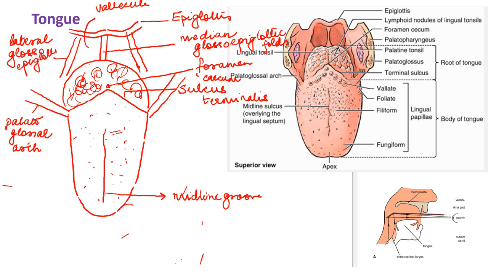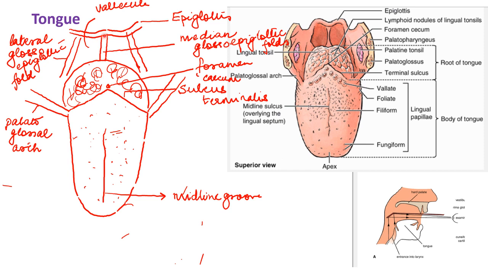In between the median and the lateral glosso-epiglottic fold is present the vallecula, a depression. Now, what you have to understand, although I am calling this the glosso-epiglottic fold, one part of it is obviously attached to the epiglottis, but laterally it is not attached to the tongue. It is attached to the pharynx. So it's a misnomer. It should have been a pharyngeal-epiglottic fold.